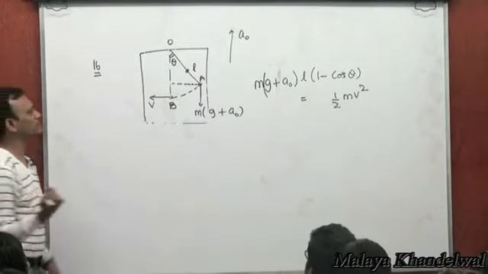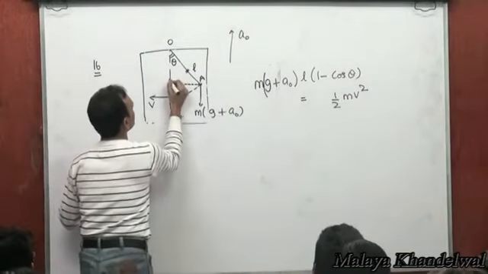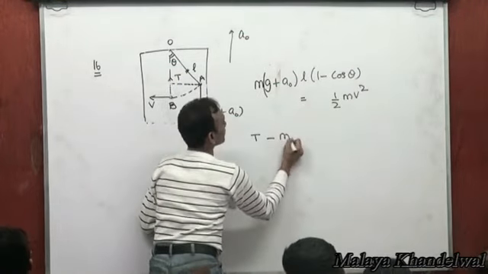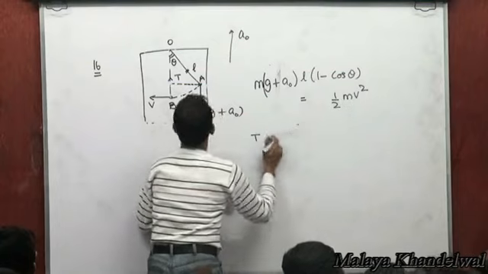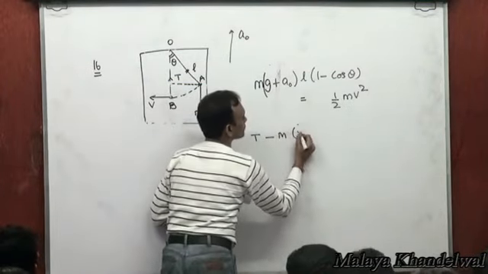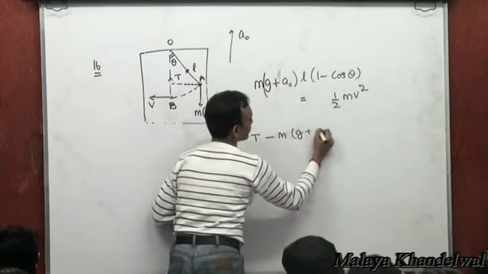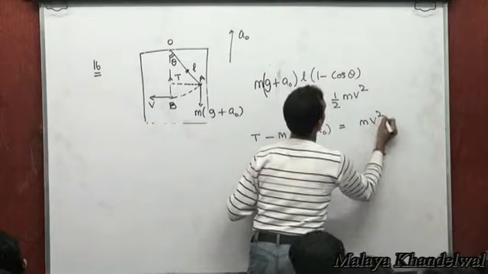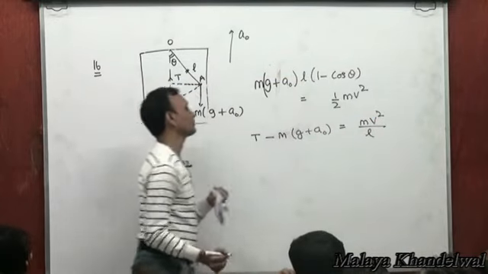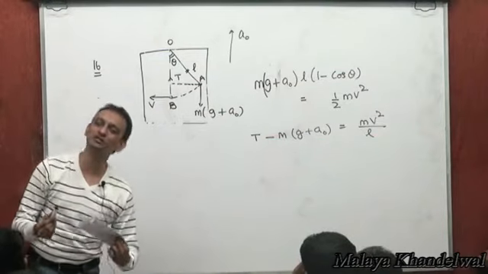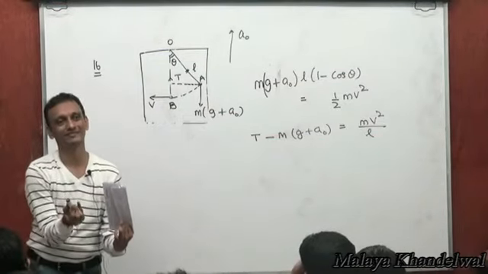Right? And at this point, if the tension is T, then T minus m g plus a naught must be equal to mv squared by L. Same as a conventional problem, instead of g you have g plus a naught.